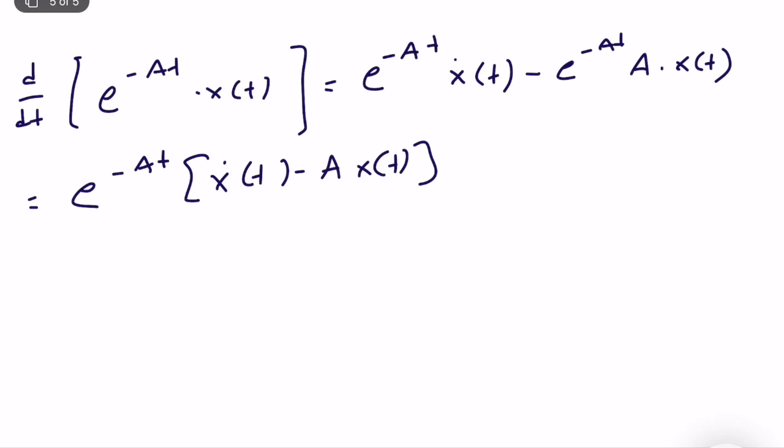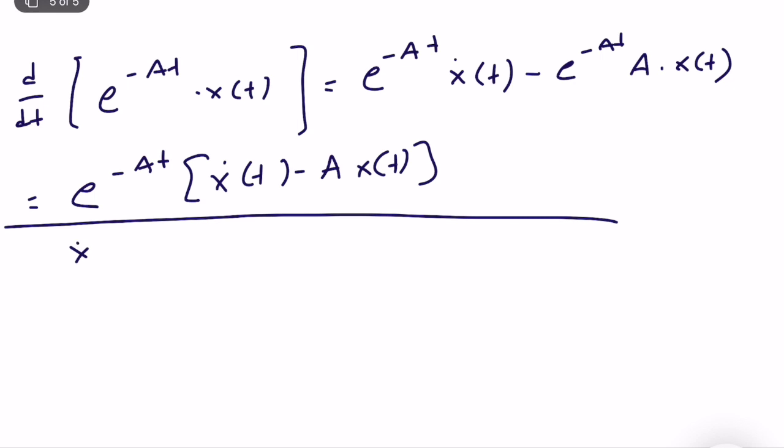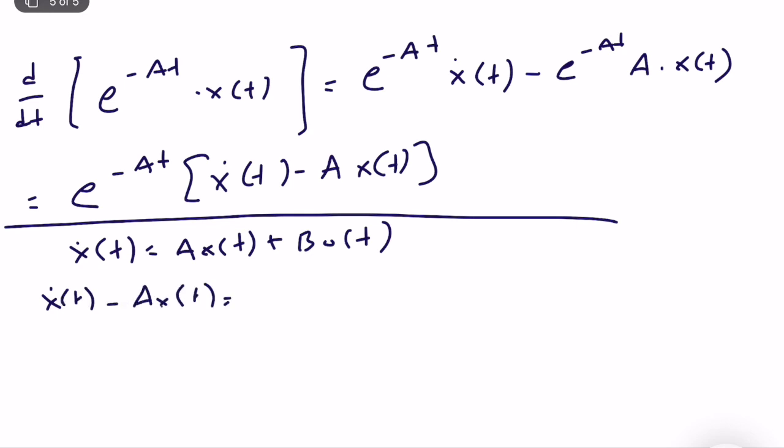Now we will use it to solve the state space equations. So what is our state space equation? If you remember, x dot of t is equal to a times x of t plus b times u of t. So let's put it here: x dot of t minus a times x of t is equal to b times u of t.